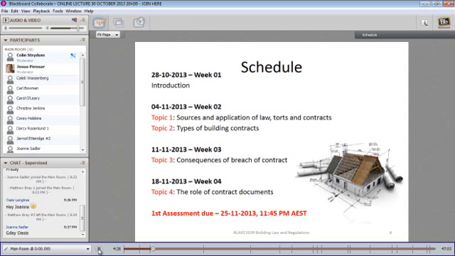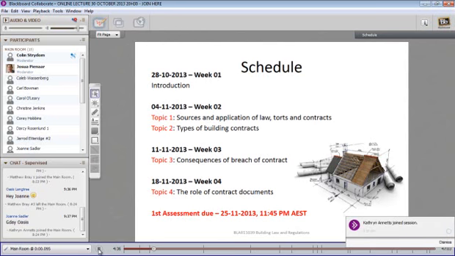So topic 1 is sources and application of law, torts and contracts. It's a brief introduction to law, and Australian law especially, where it came from, and how it applies to building contracts.